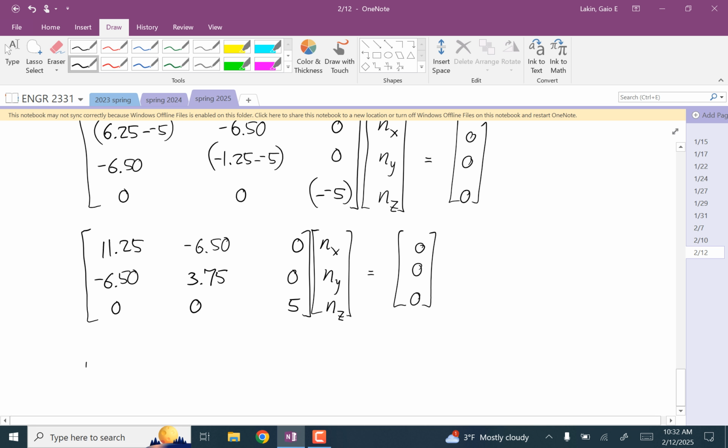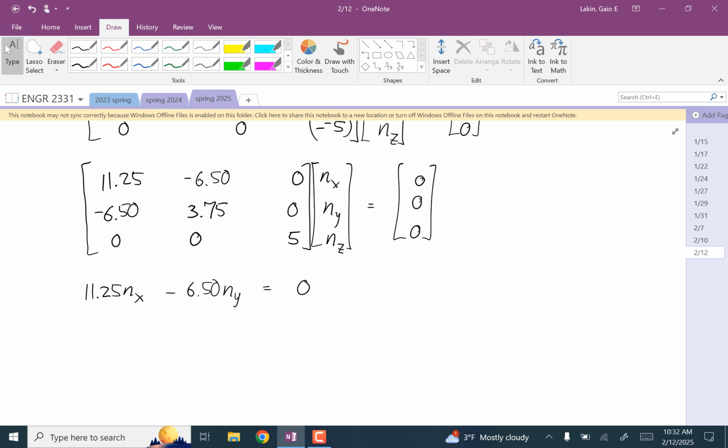And so we have 11.25 nx minus 6.5 ny is equal to 0. And then negative 6.50 nx plus 3.75 ny is equal to 0.